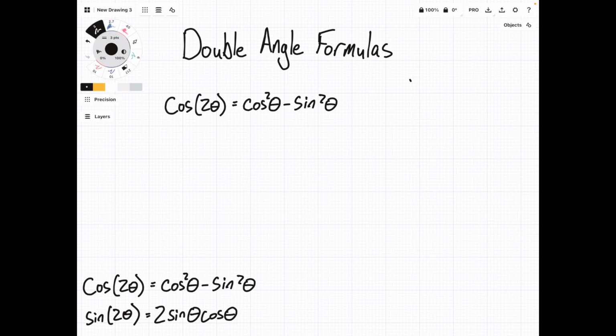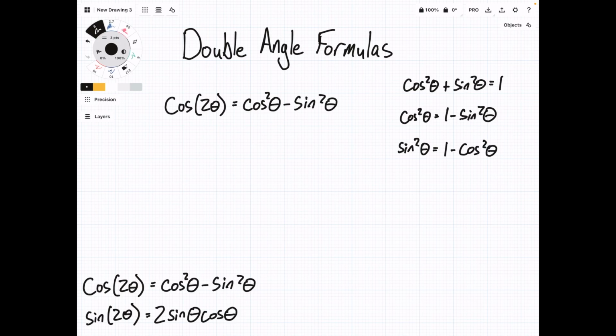So we know from the unit circle that cosine squared of theta plus sine squared theta is equal to 1. Then solving for cosine squared theta, we'll get 1 minus sine squared theta. And then we can solve for sine squared. So sine squared theta is equal to 1 minus cosine squared theta.